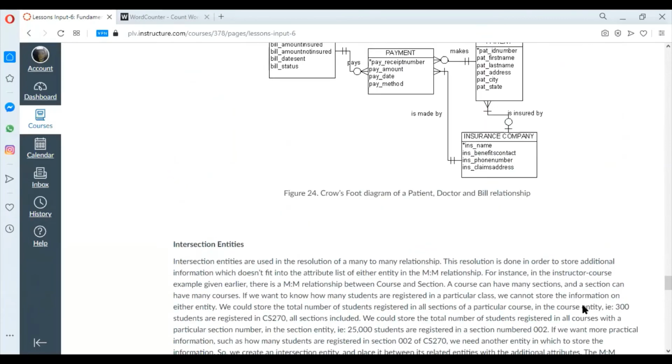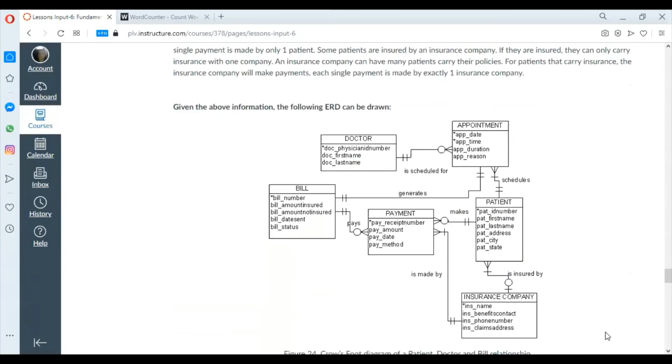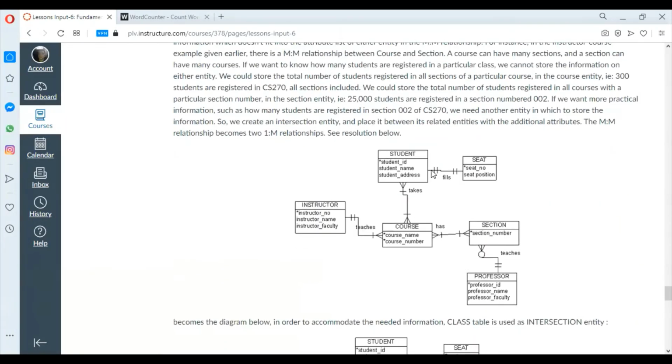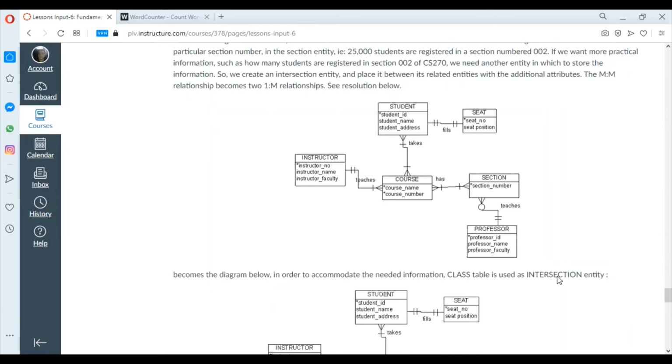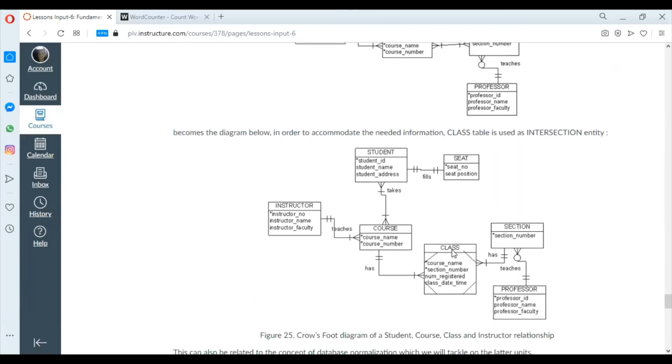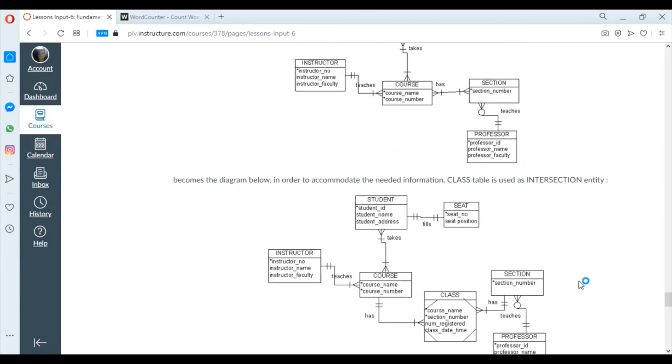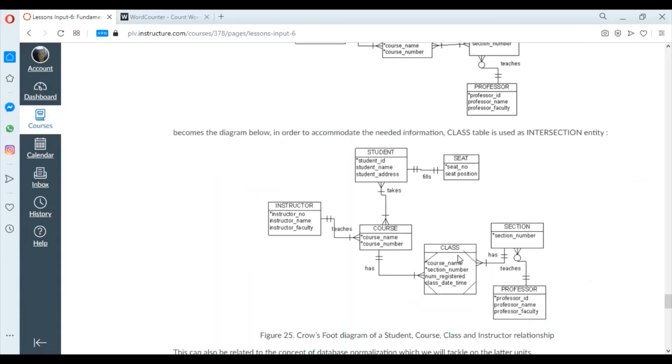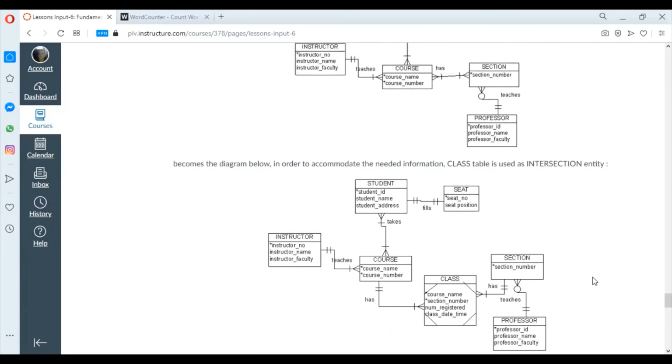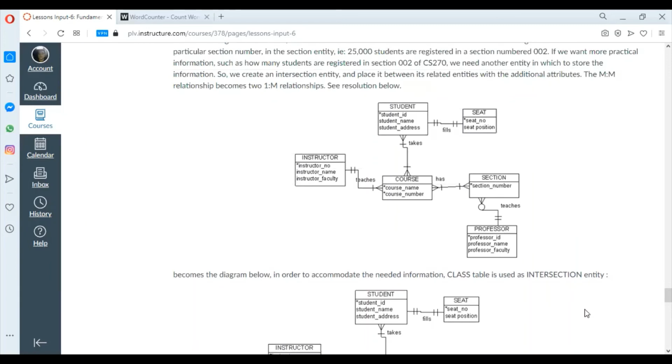Notice from our figure 23, which is our table for student, course, instructor, seat, section, and professor, when we introduce an intersection entity, in this case, the entity class, we split up the need to directly access the course to the section.